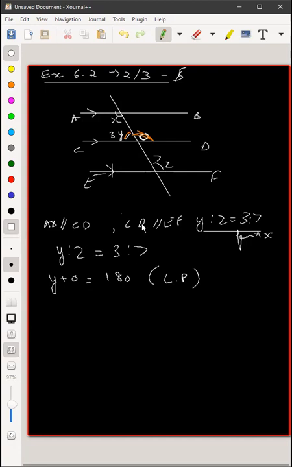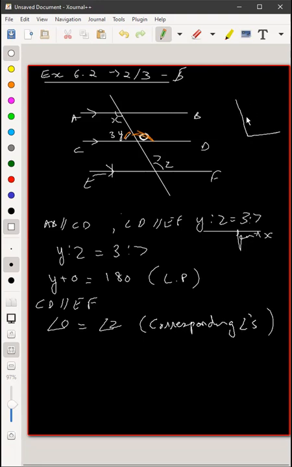Now we also know that CD is parallel to EF. So angle O will be equal to angle Z. What reason? Parallel lines, corresponding angles. They make an F shape, right?